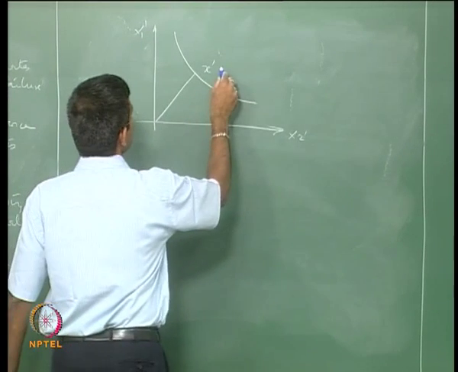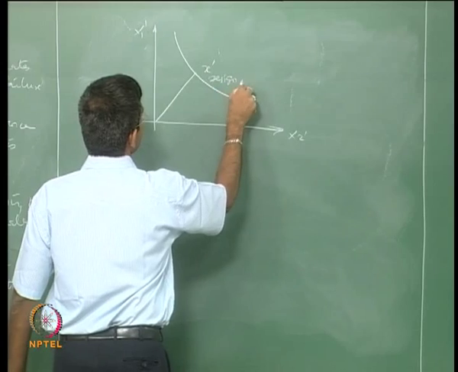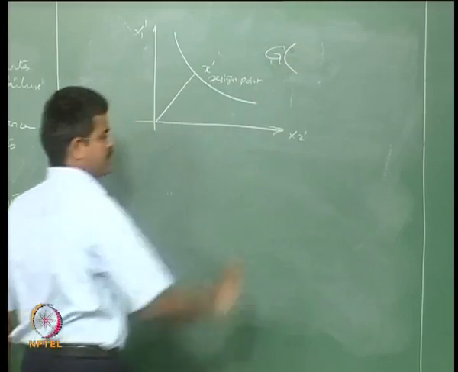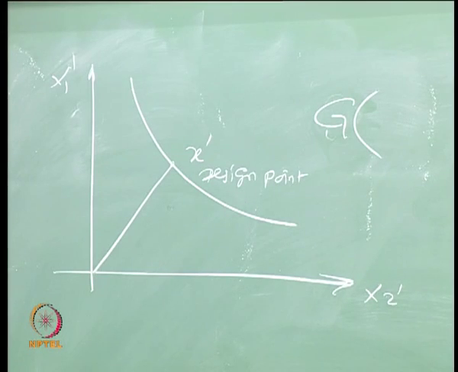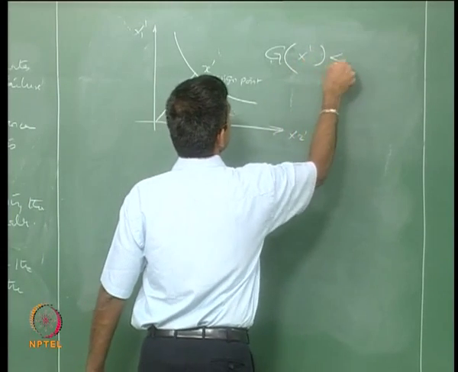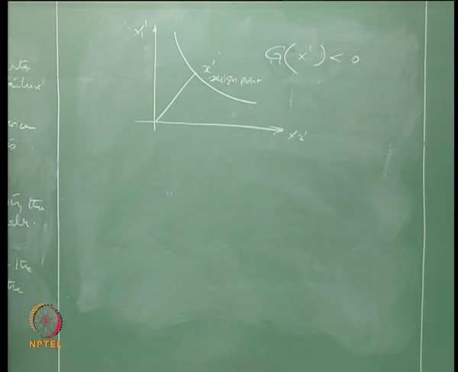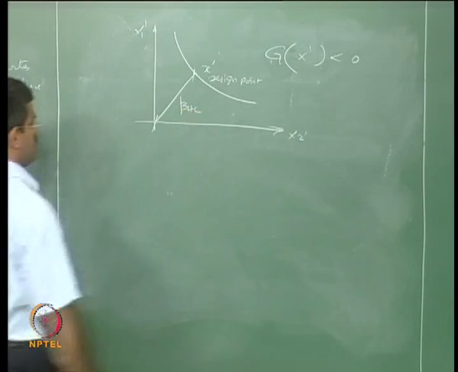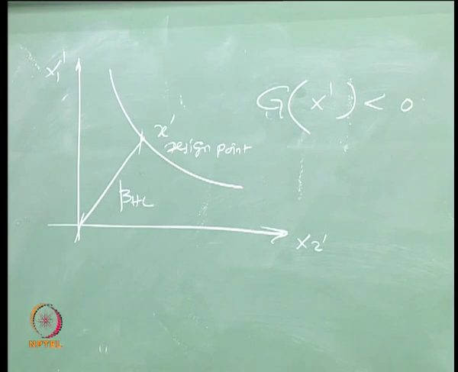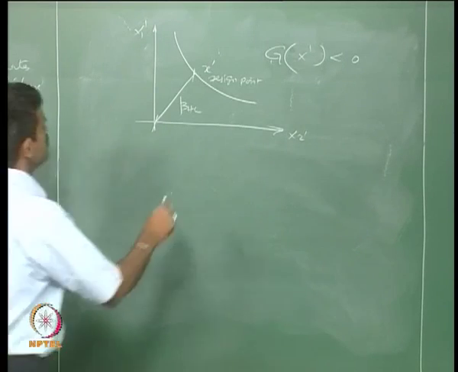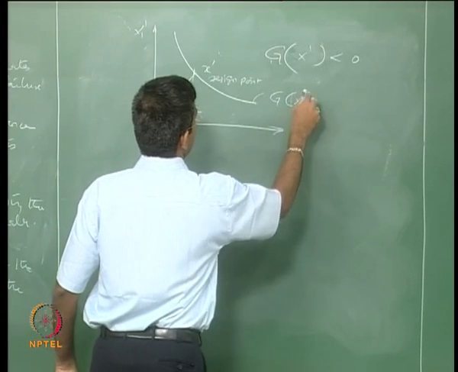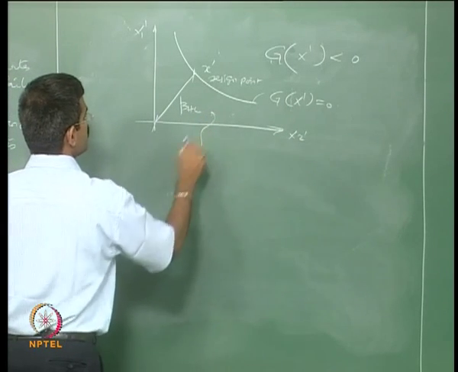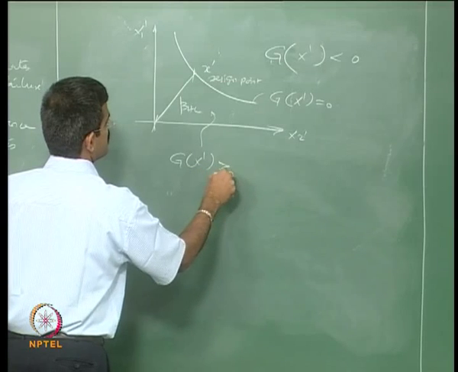So, this is my design point, and this is where g of x dash is less than 0, and this is the distance which I call beta HL, and this is the function g of x dash equals 0, and this is the area where g of x dash is greater than 0.